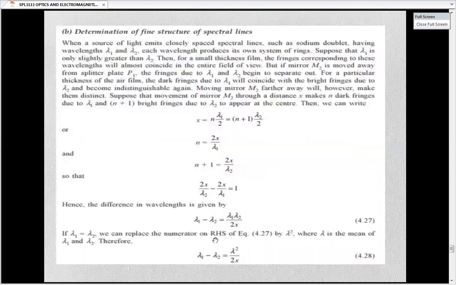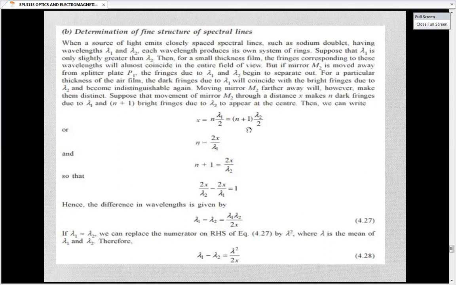Number 2, you can also determine the fine structure of spectral lines. For example, when you have a sodium doublet that produces two wavelengths, lambda 1 and lambda 2, it is possible to obtain the separation between those two wavelengths of light using the setup of the Michelson interferometer, and the equations here are described until you have lambda 1 minus lambda 2 equal to lambda squared over 2x, and so on.